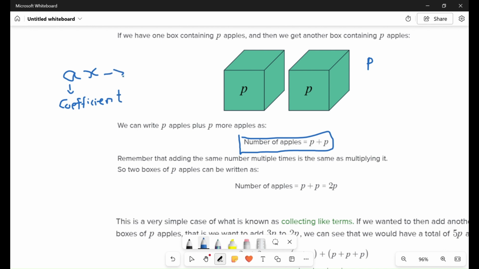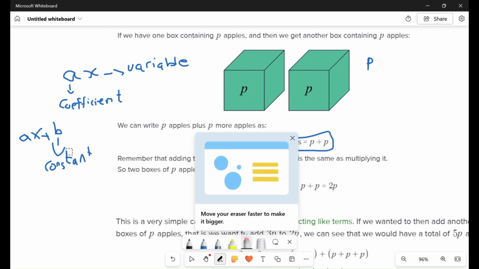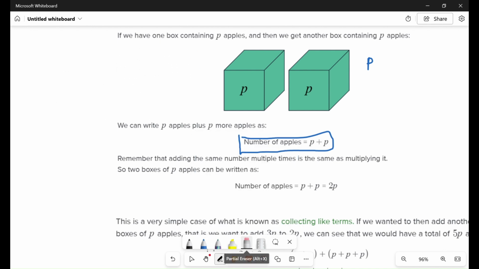And x, which is an unknown, we don't know what this value is, that is the variable. And if I have something like ax plus b, a is the coefficient, x is the variable, and b is the constant. Now this is all basic algebra, and I expect all of you to know this, but it's fine.